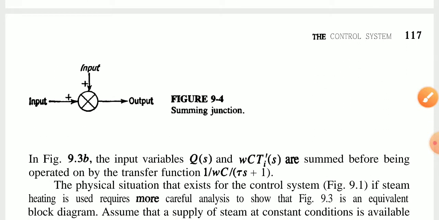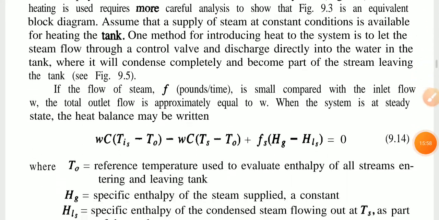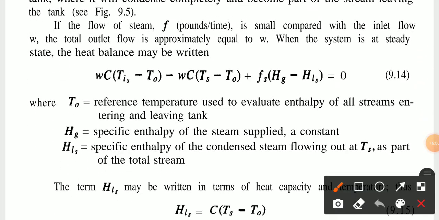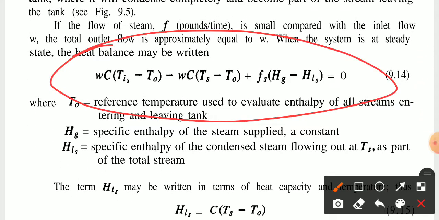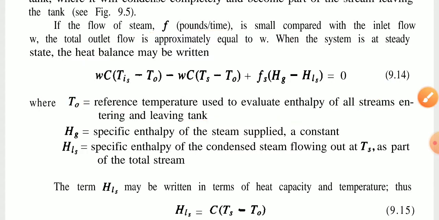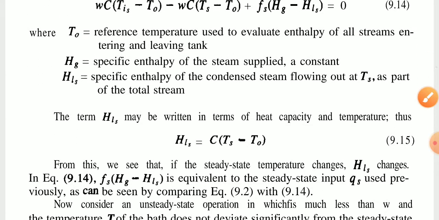Then 9.4, for a summing junction, the input and output are given. Okay, for this term, for this basis, finally we derive this equation, this one: Wc (Tis minus T0) minus Wc (Ts minus T0) plus f of s (Hg minus Hl). T0 is a reference temperature used to evaluate the enthalpy of the streams.